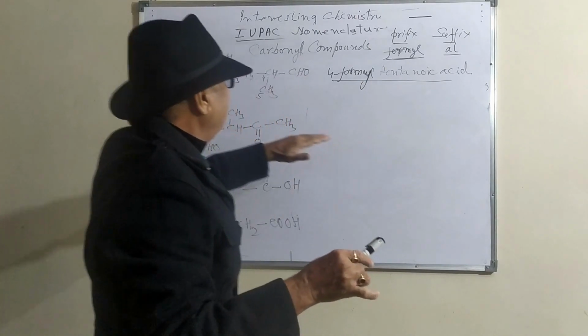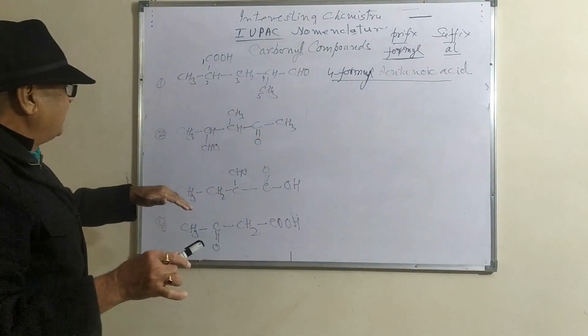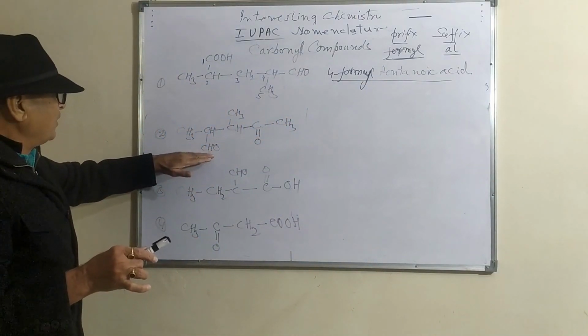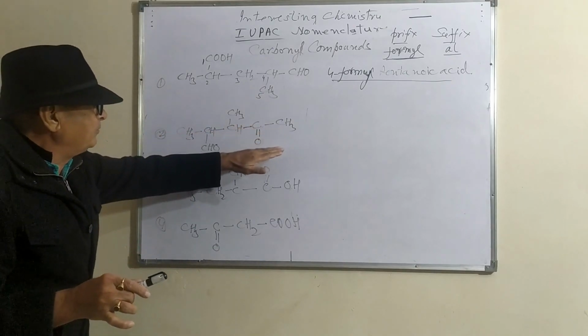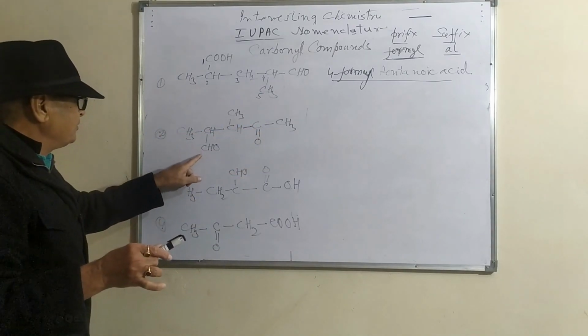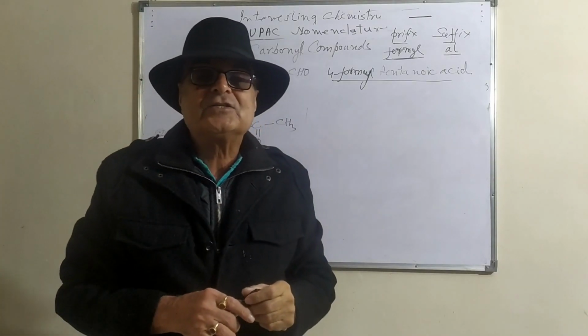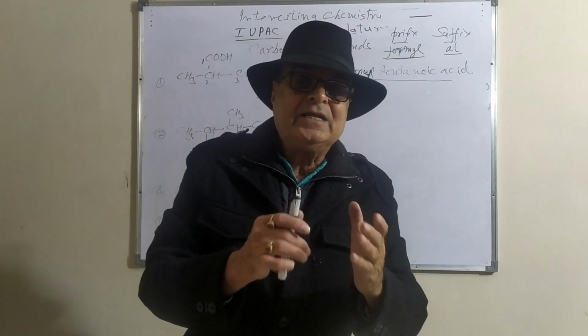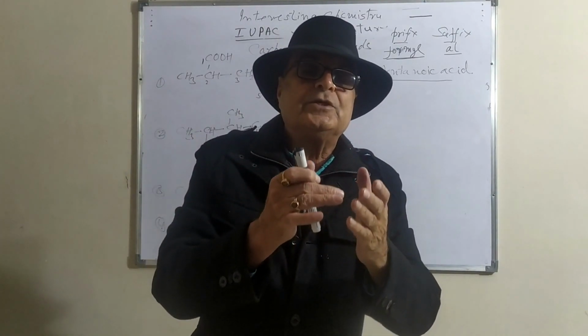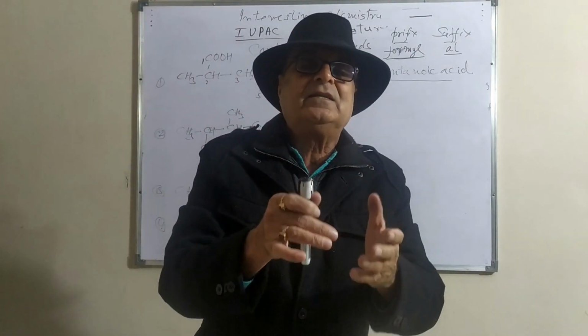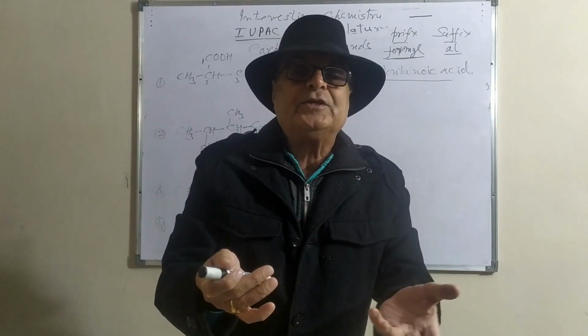Pentanoic acid. Here in this case, there are two groups. This is a 1, 2, 3, 4, 5 carbon chain. This is CHO and CO. Now you will find in the seniority list that the aldehyde group, the CHO group, is more reactive than the ketonic group.